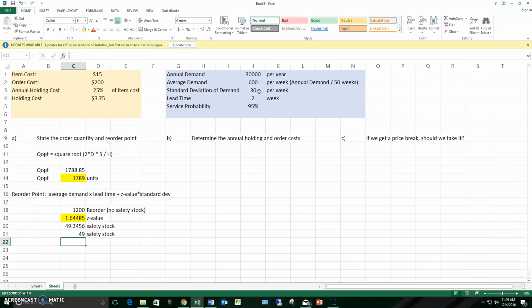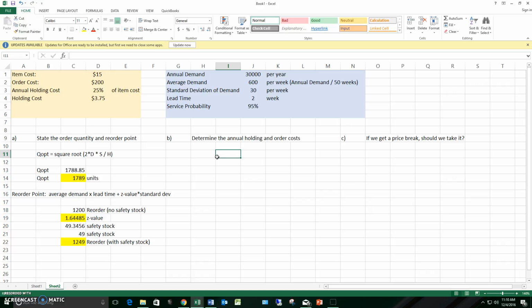So the total amount of our reorder point is going to be the 1200, which is our lead time times our average demand, plus our safety stock. So this is our reorder point with safety stock. Okay, pretty straightforward so far. No surprises.